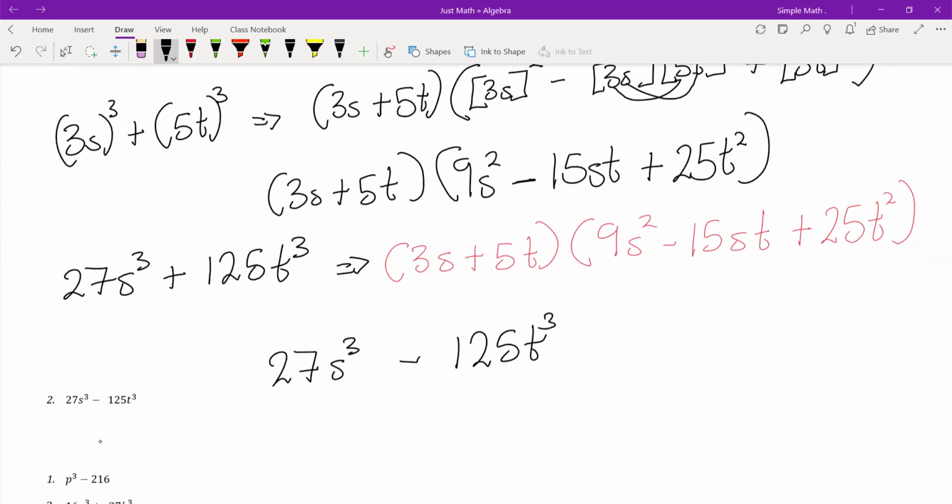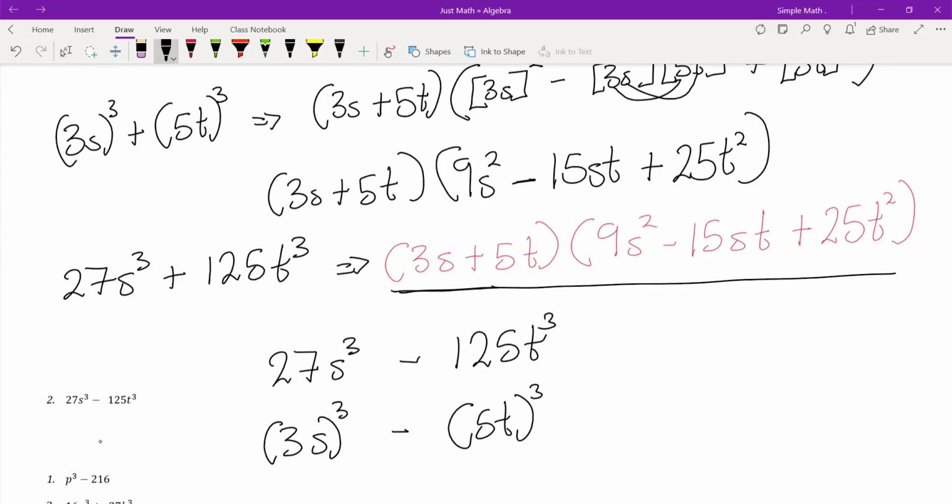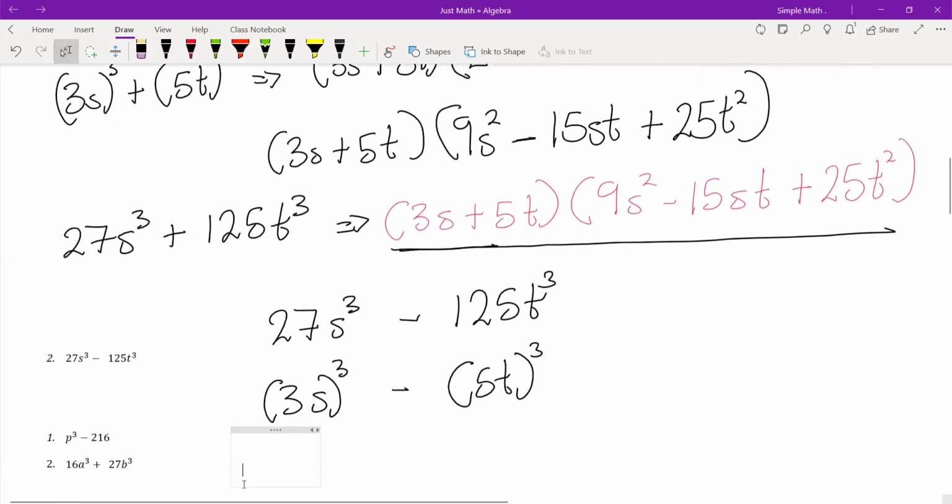We already know that this is just going to be (3s) all cubed minus (5t) all cubed. And all we have to do, since you've already done this, is change the sign. Let me just do everything together.